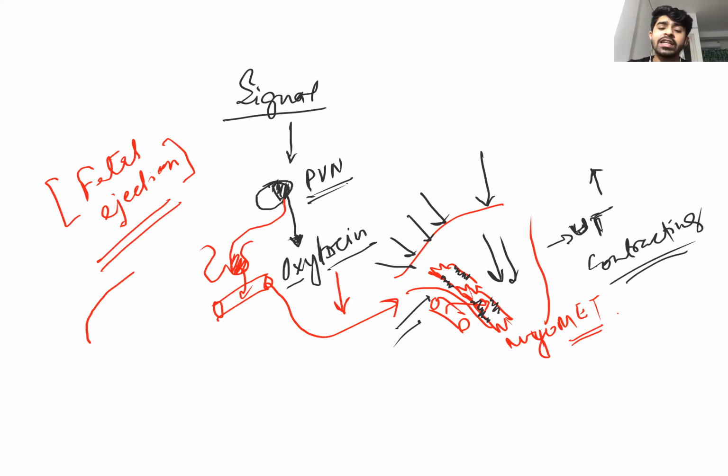Those who have attended my class on the mammary gland, I have mentioned there are a lot of alveoli glands, then ducts, ductules, and ultimately they will open in the ampulla, and then the lactiferous duct. To contract this ampulla, we need oxytocin hormone again so that the milk will be ejected out.